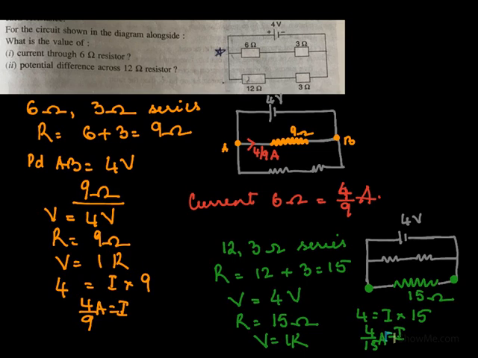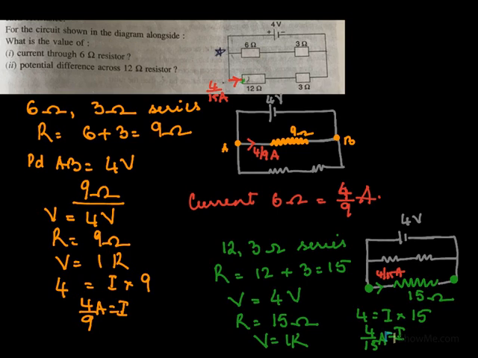So the I equal to 4 over 15 amperes. So the current flowing here will be 4 by 15 amperes. So to go back here, the current in this arm is 4 by 15 amperes.